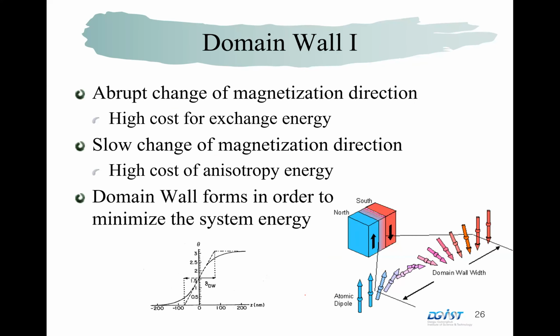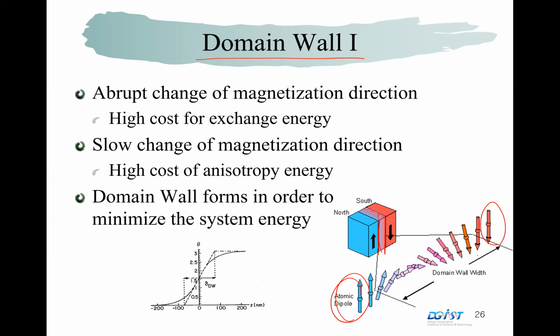Okay. So then what is the domain wall? This cartoon tells us that we have a spin in one domain, here let's say blue, which is north, and the red one is south, pointing down. Between these two domains, one direction is up and the other direction is down.